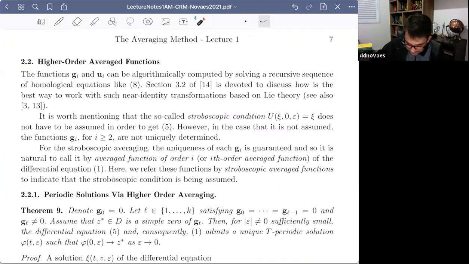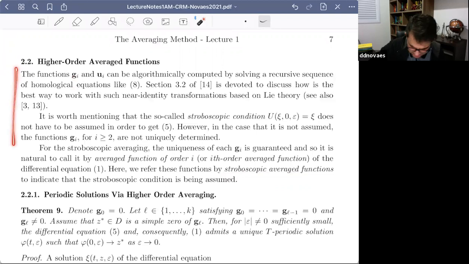I refer to this function as stroboscopic average function because here we are assuming the stroboscopic condition. Eventually, if another condition is assumed, then this expression could be different. So I'm calling these functions stroboscopic average functions, or stroboscopic average function of order i for g_i.